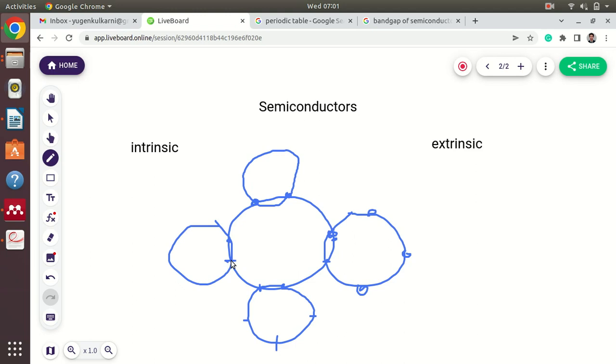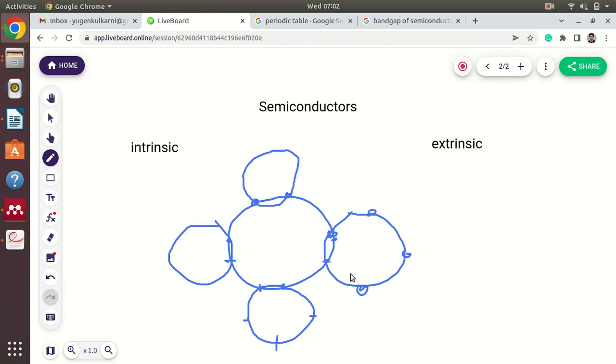Mostly silicon and germanium, which we are talking about, share such electrons and form a covalent bond. So both atoms have full shells. This atom does the same, all atoms do the same, and they try to complete their octets.